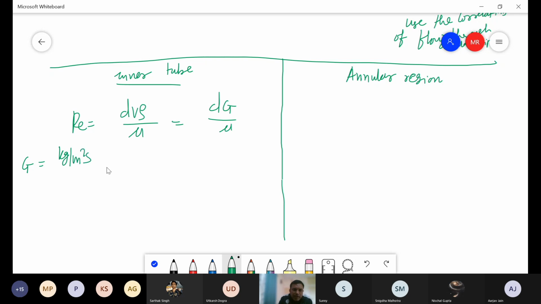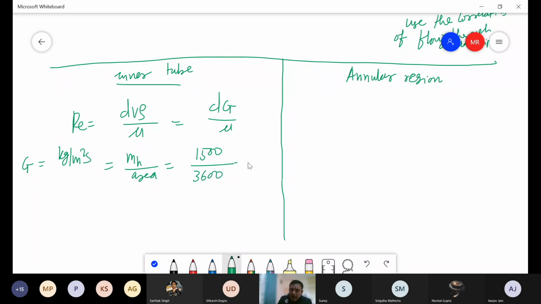That we can directly obtain from mass flow rate mh by area. mh is given as 1500 kg per hour, so if I divide by 3600, that is kg per second.